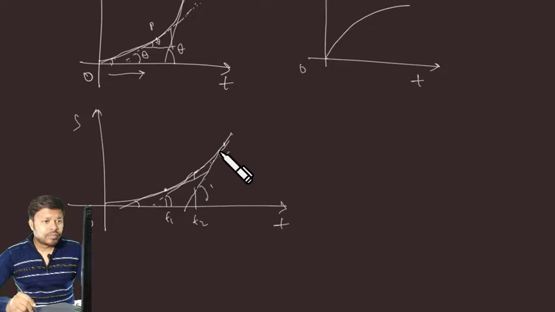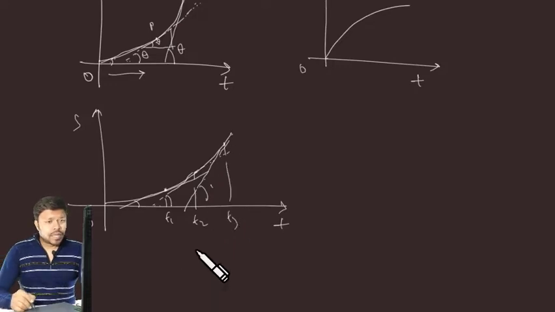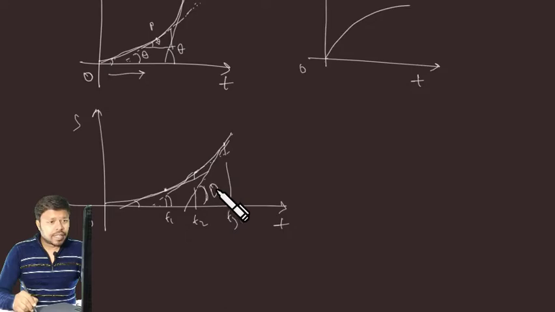Now this time T3, let's say. So at T3 the velocity is the tan of this theta.